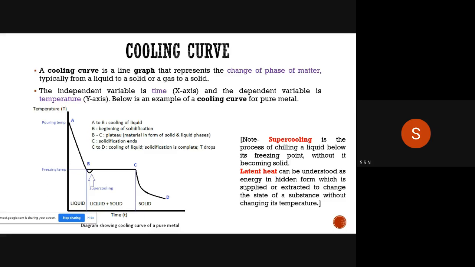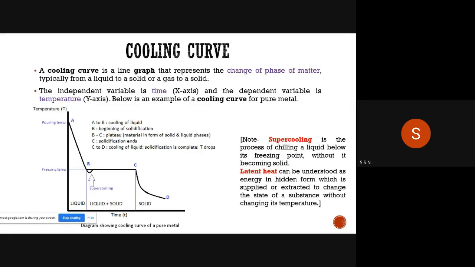Pouring temperature is the temperature at which we are melting a metal and then pouring into mold, so that we can make the casting of that metal or anything else. So that is the pouring temperature. So at that much temperature we are melting that metal, and we are then cooling it. In the cooling curve we have to draw the graph of change in phase from liquid phase to solid phase.